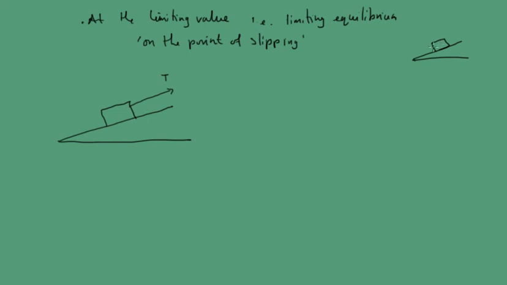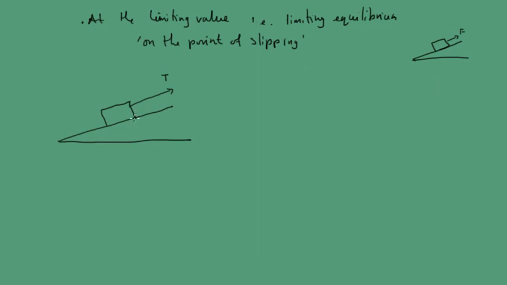If this object doesn't move down the slope, friction must be acting in the opposite direction. Otherwise, it would just slide right down. If you put something on a really smooth surface, it'll slide right down. So friction can be acting up the slope.